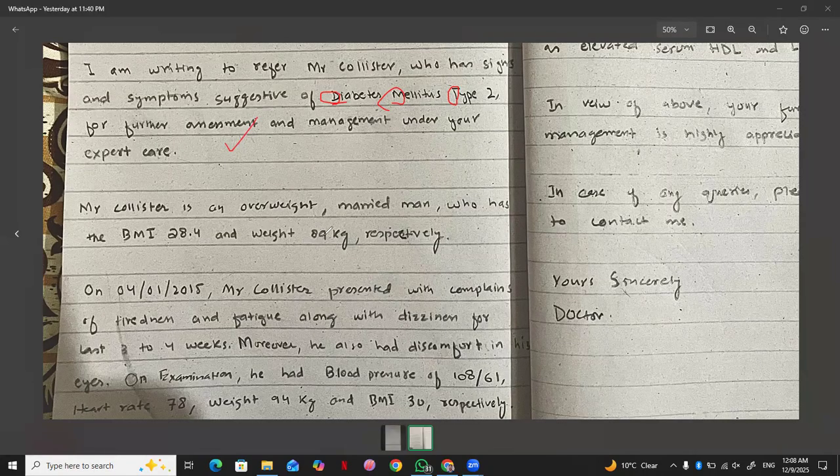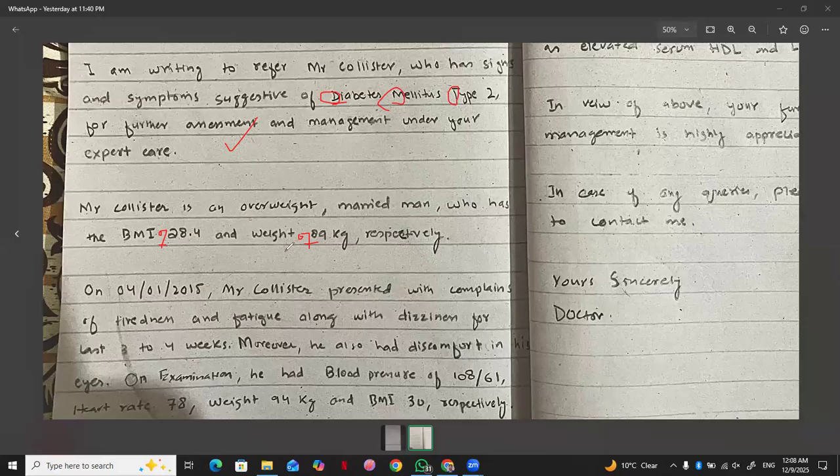married man who has the BMI of, I missed, and weight of 89 kilograms, respectively. So the thing is, whenever you're writing weight and BMI, you can write one. Either write weight or write BMI.